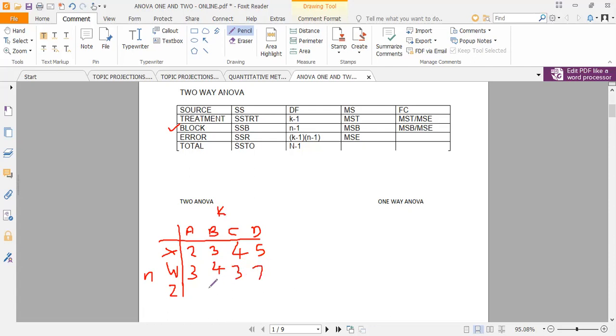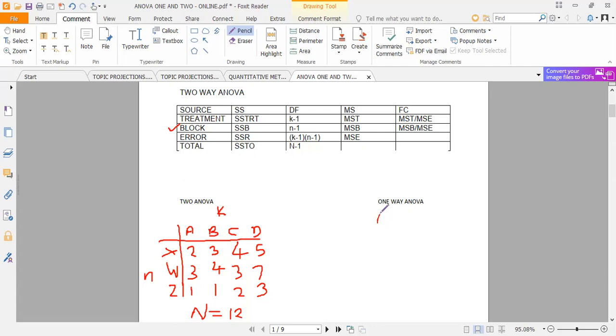The total number of elements is 12, so our capital N is 12. This is how a two-way ANOVA looks.